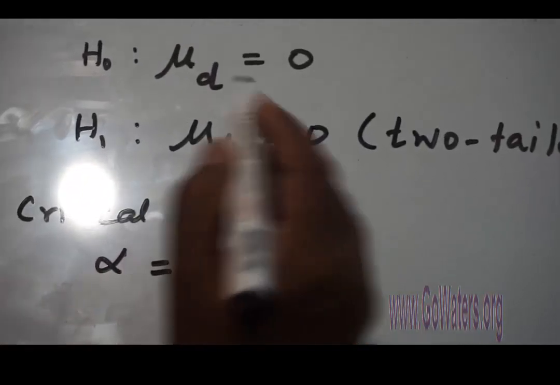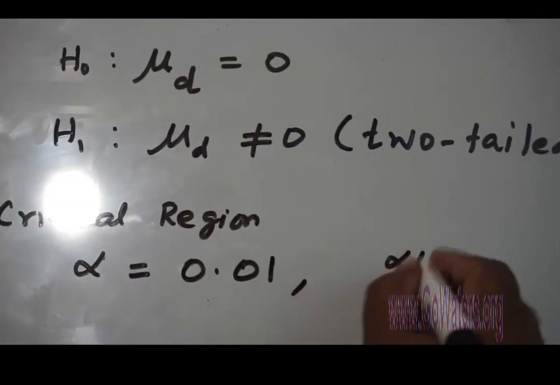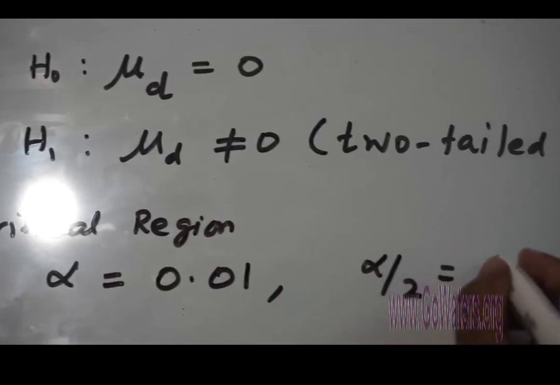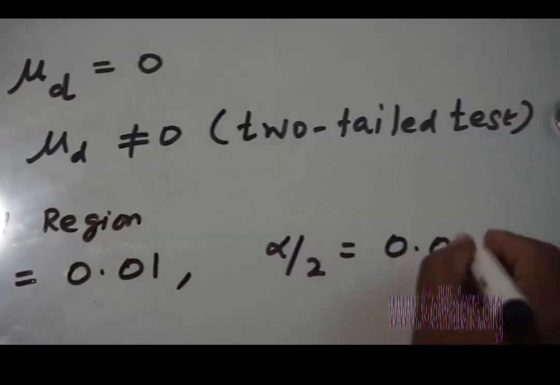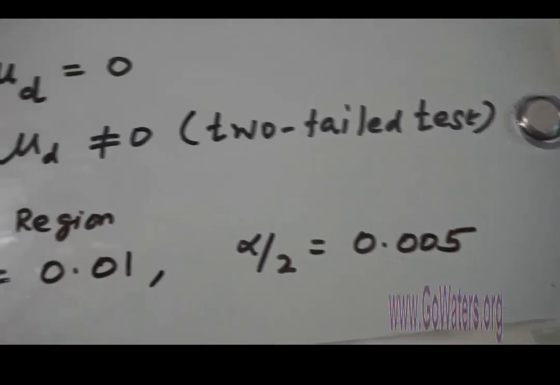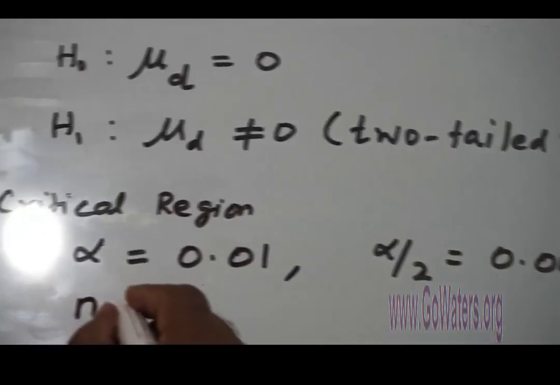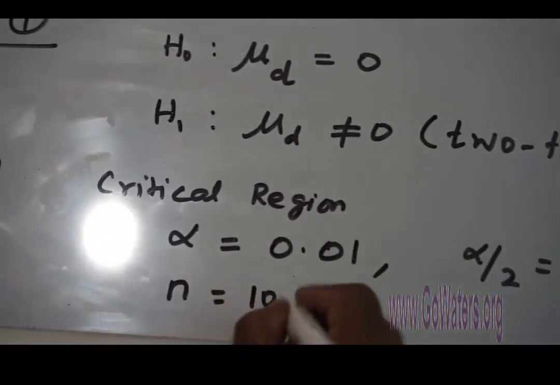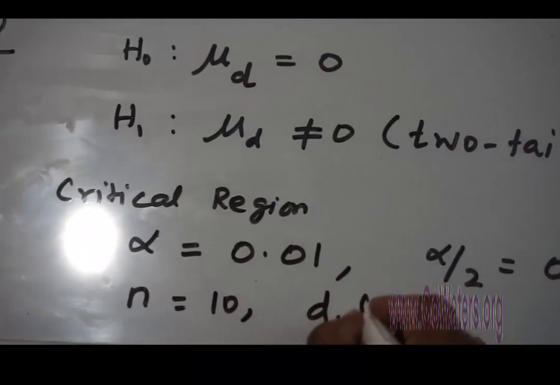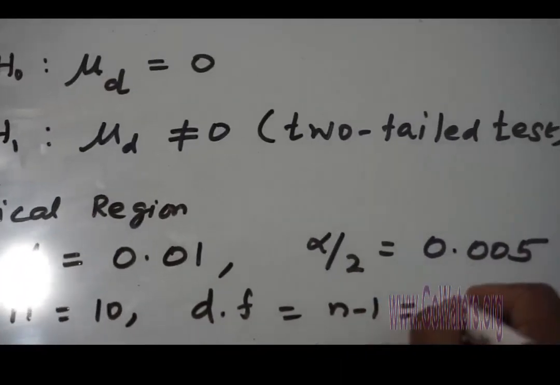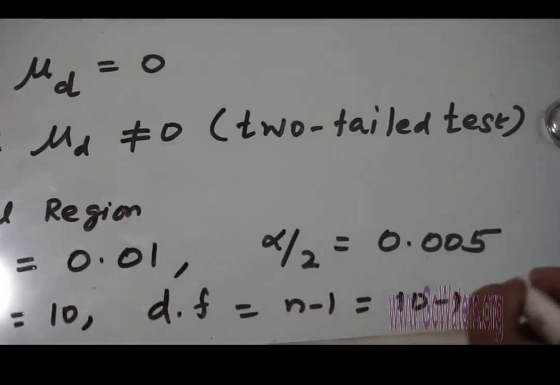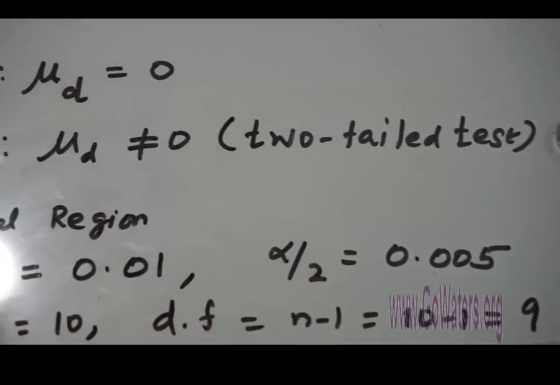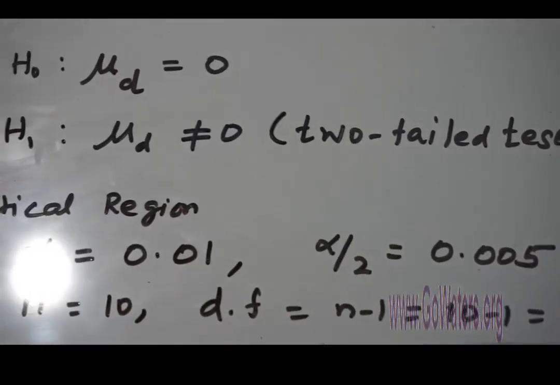Since it is a two-tailed test, you need to calculate alpha by 2, which is equal to 0.005. And as you know, n is equal to 10. Therefore the degrees of freedom is n minus 1, which is 10 minus 1 equal to 9. 10 pairs you have, so you get 9.